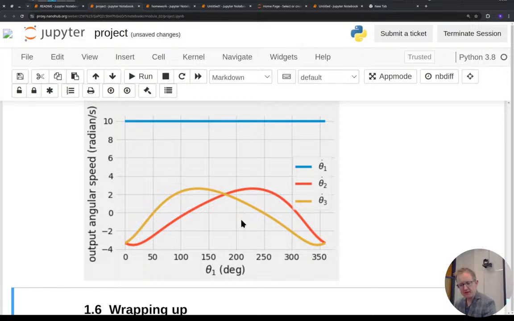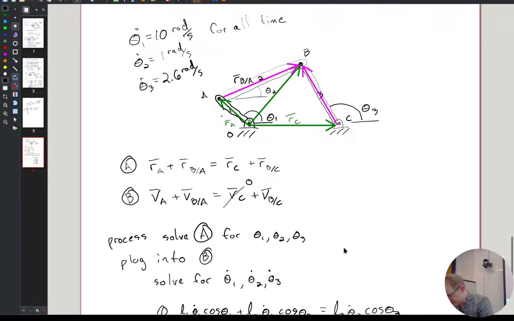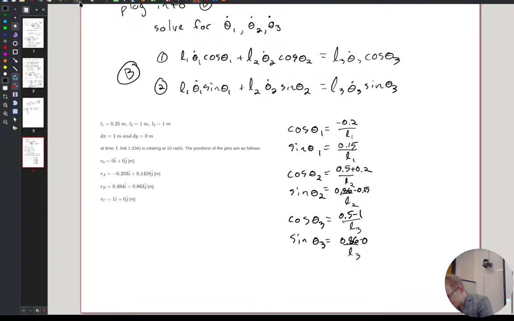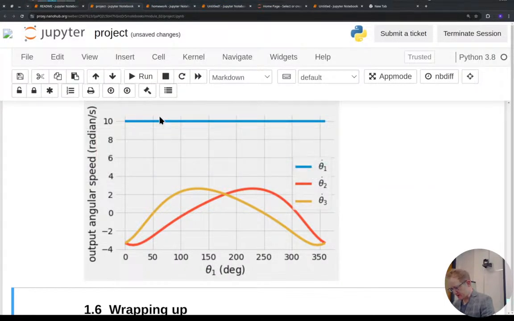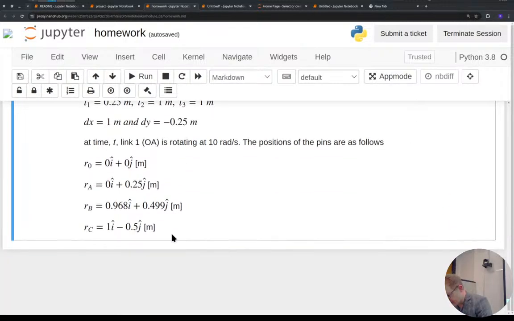The question in chat is about these vectors. Let's try this. If we plug that in and solve for those values, we're done with that.